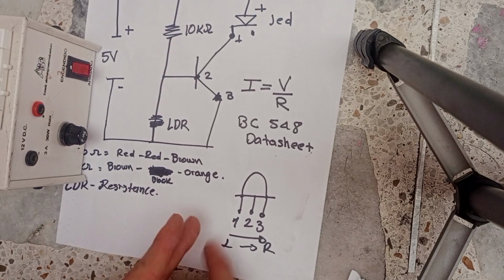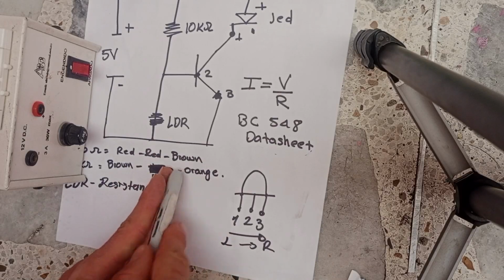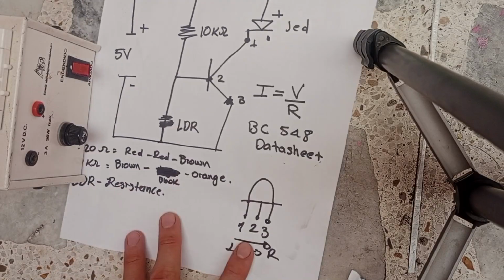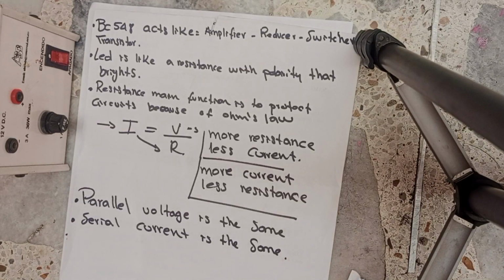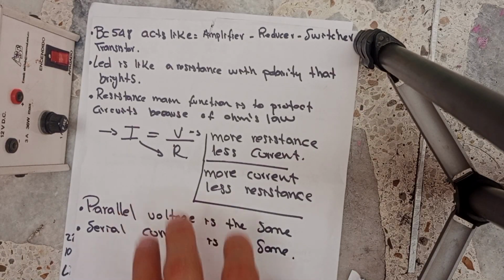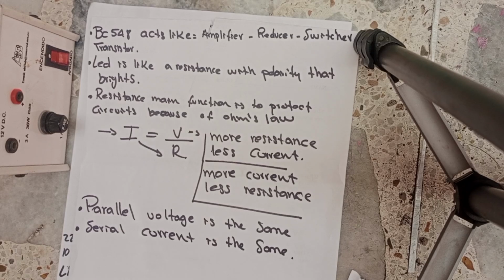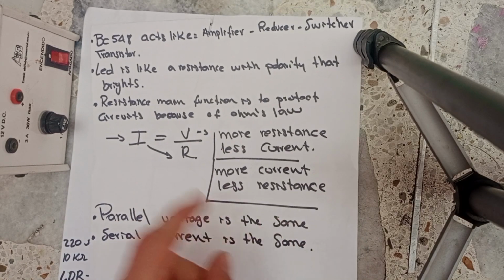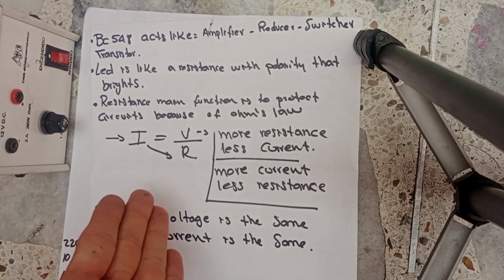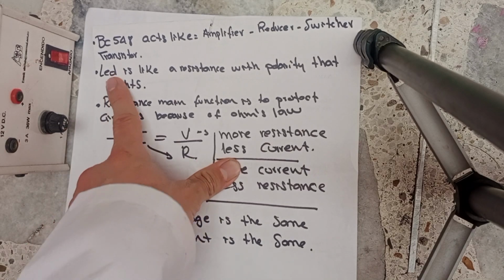So the next concept: what is the main function of the BC548? The main functions are amplifier, reducer, and switcher. Three main functions: amplifier, reducer, switcher, right?